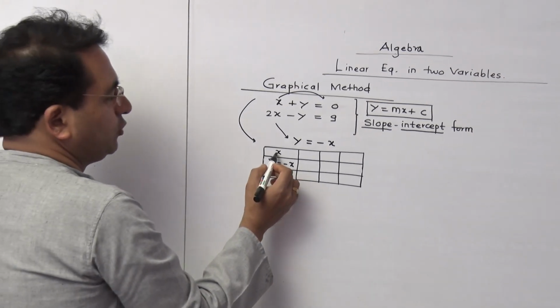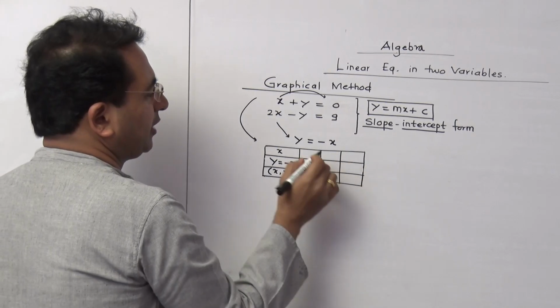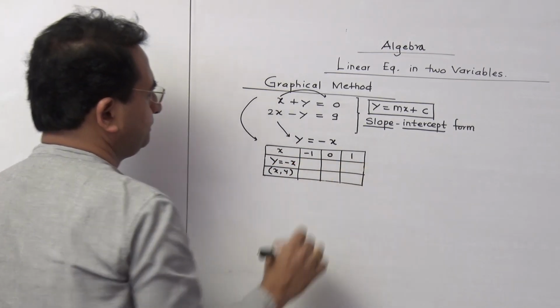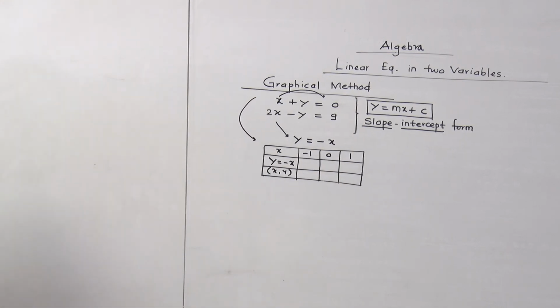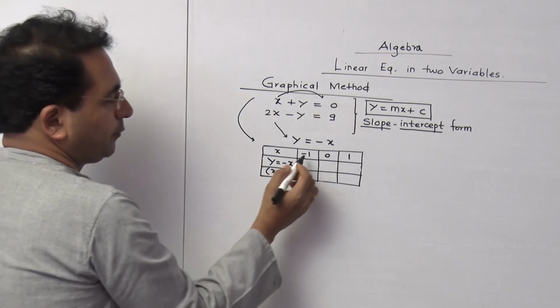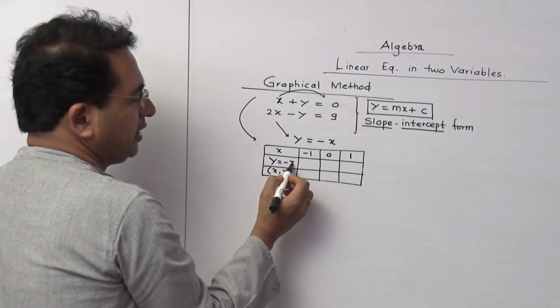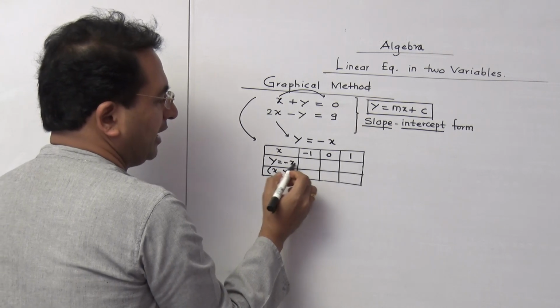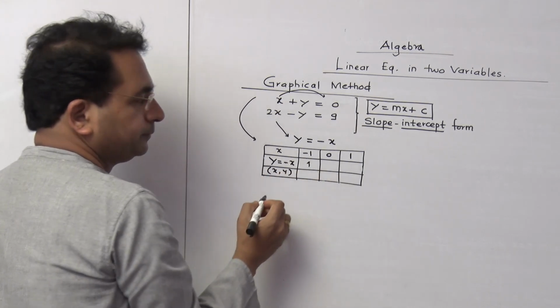Now x values we can consider anything, but normally we consider minus 1, 0 and 1. Now if I put the value of x as minus 1 here, then it becomes minus of minus 1, that is going to become 1.